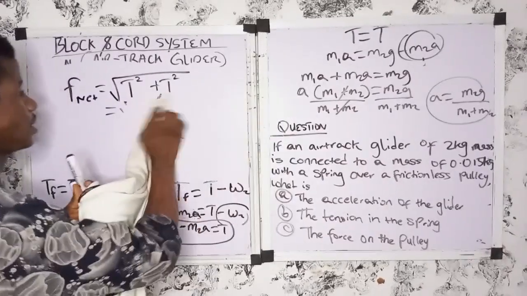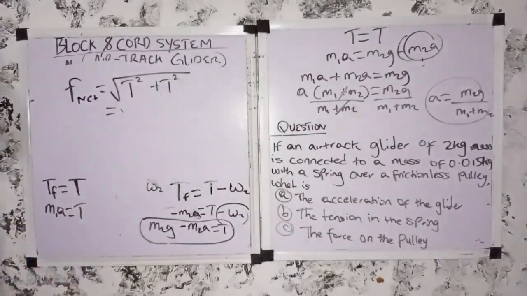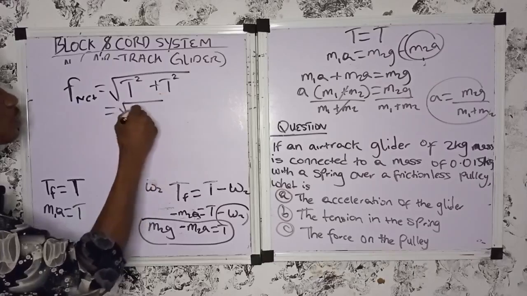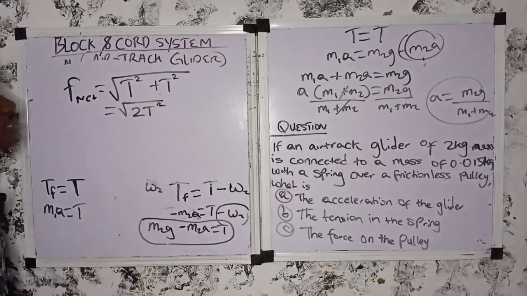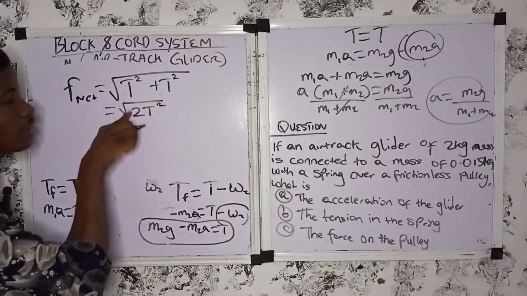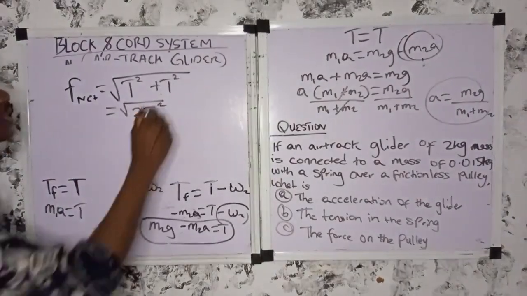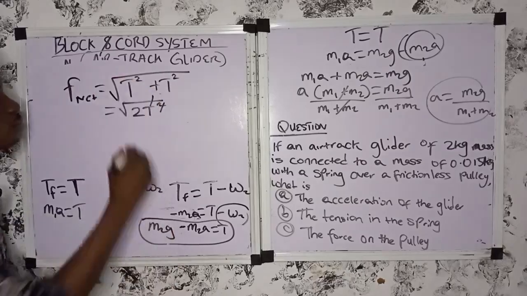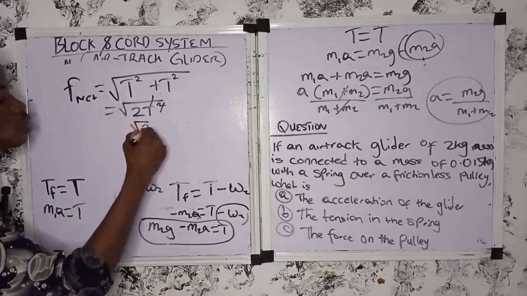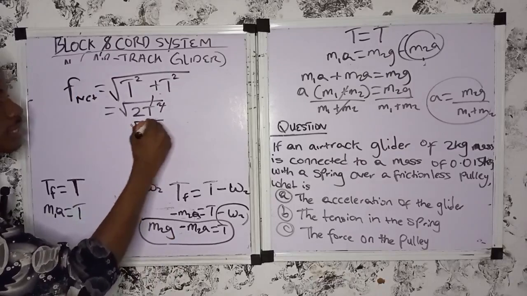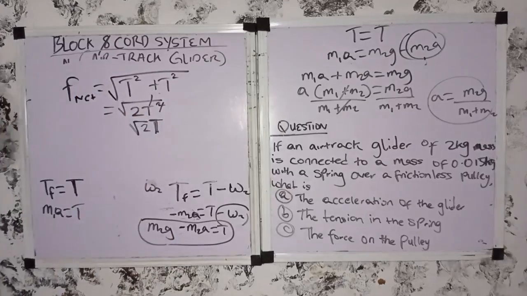T square plus T square gives us 2T square. This square root affects both the 2 and the T square. The square will cancel the square root, and we'll be left with only root 2 times T. That is it.